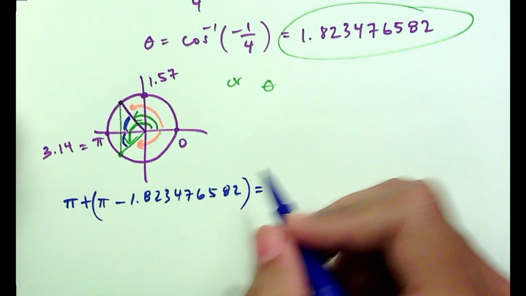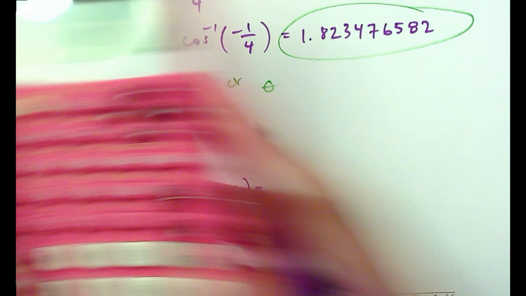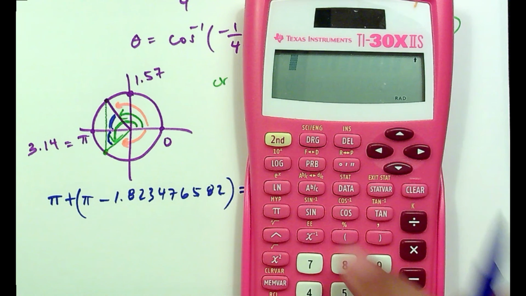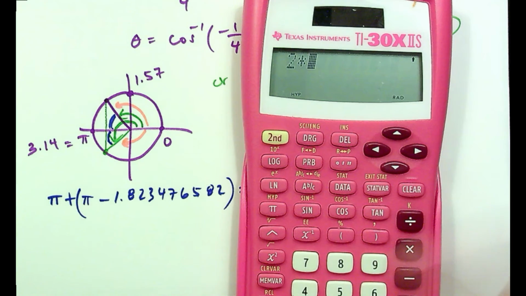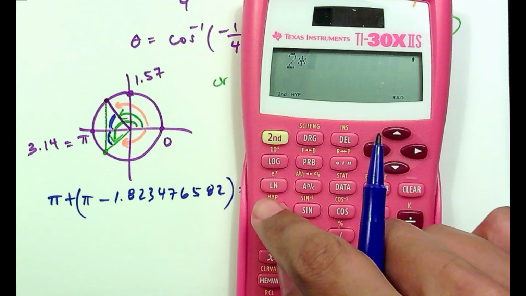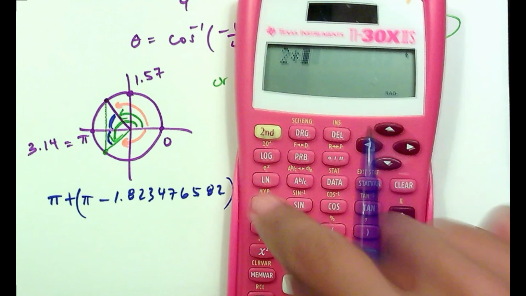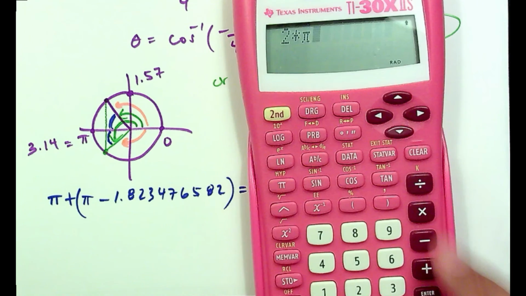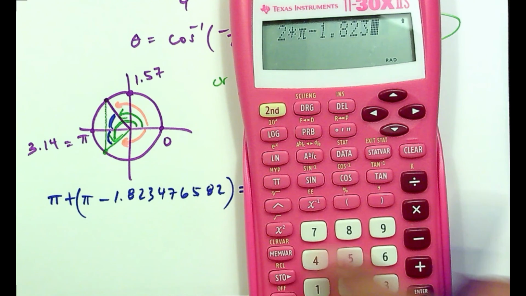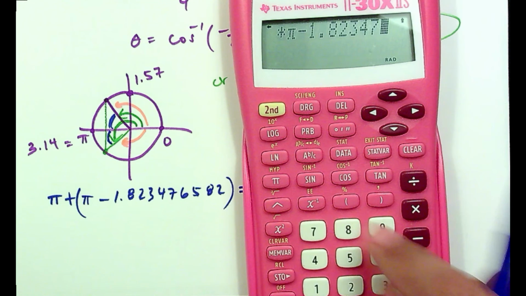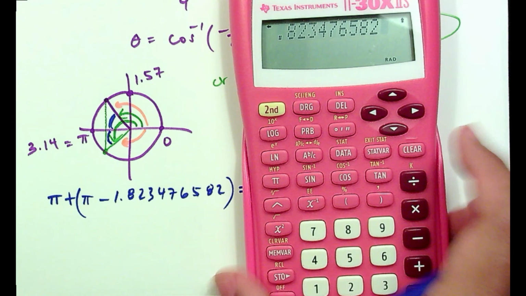So let's put this in the calculator then. 2 pi or pi plus pi, same thing. Minus 1.823476582.